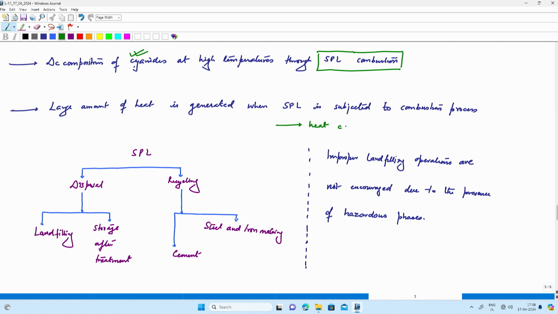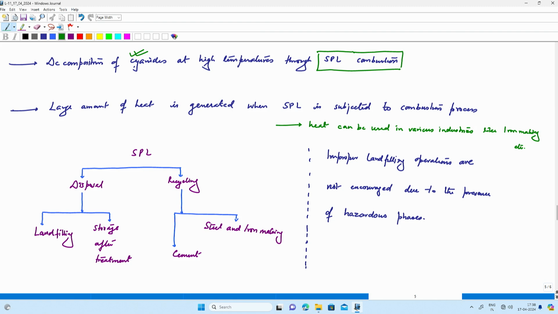Heat can be used with industries like iron making and steel making, or cement making.